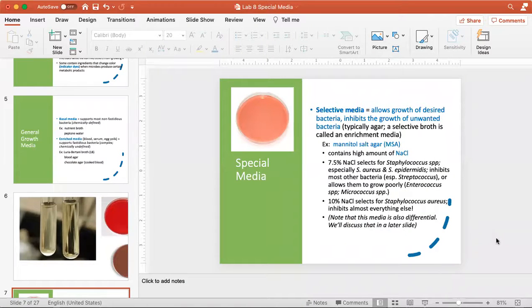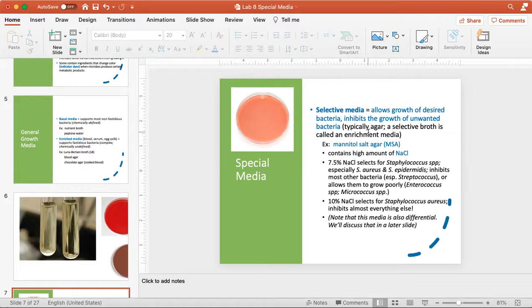Now, one of the things to know about mannitol salt agar is that it is both selective, as we've been talking about, and also differential. Remember, those were the two types of special media that we introduced. Selective media, which is going to select for and against certain organisms.